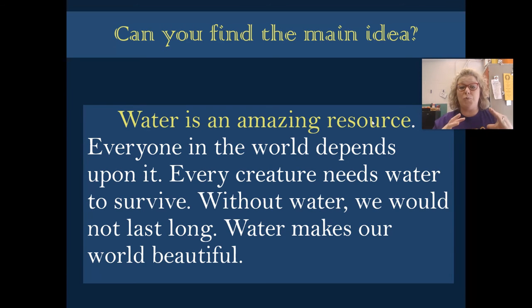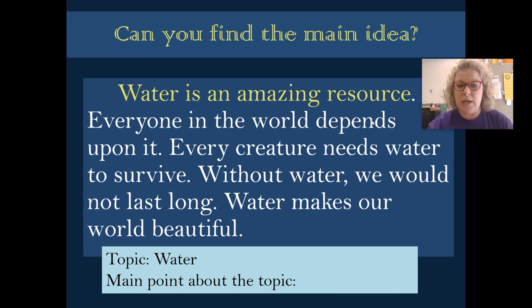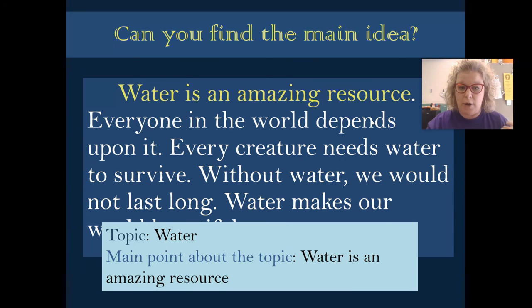But as far as what this passage is mainly about, just to wrap it all up and put a bow on it, you could say water is an amazing resource. So the topic is water. The main point about this topic is that water is an amazing resource. Therefore, the main idea is actually the very first sentence.